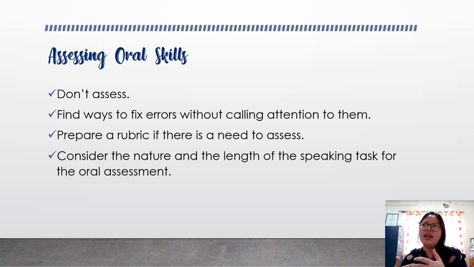So it's understandable to make that mistake. An error is really you make something that is wrong because you don't know the rule. However, we have to find ways to fix errors without calling attention to them, or else our language learner speakers might get frustrated.